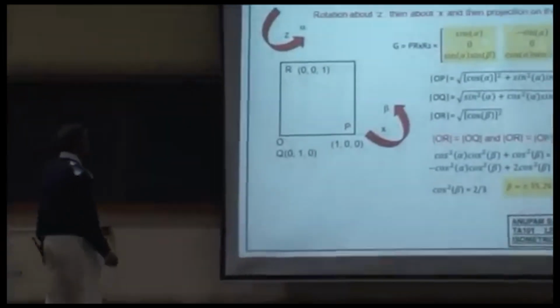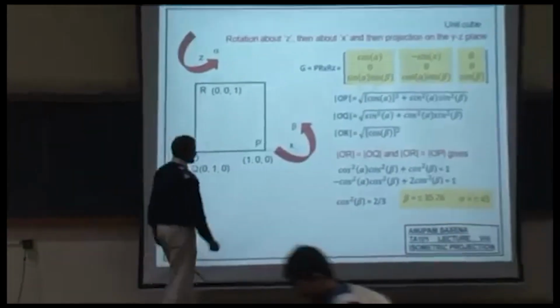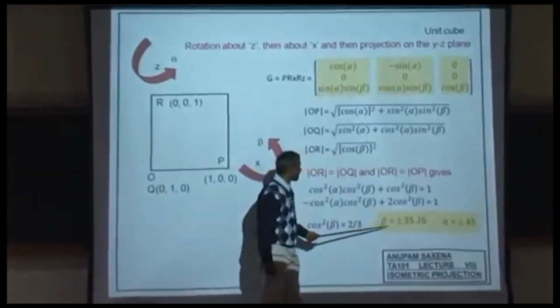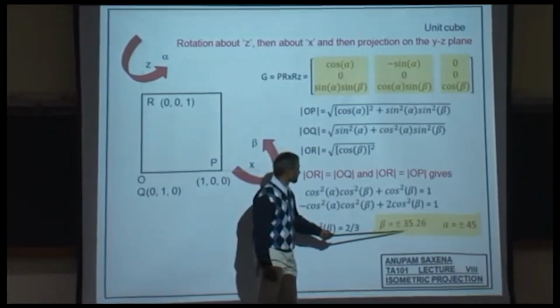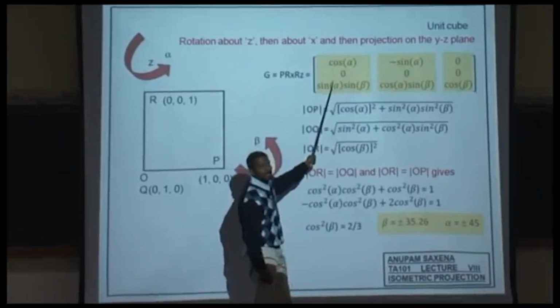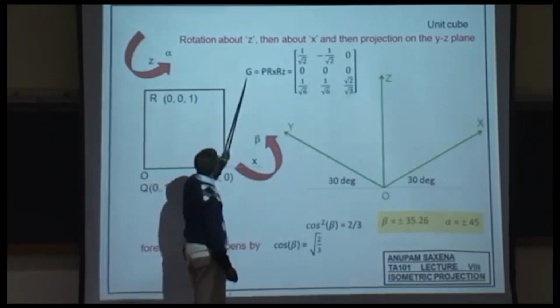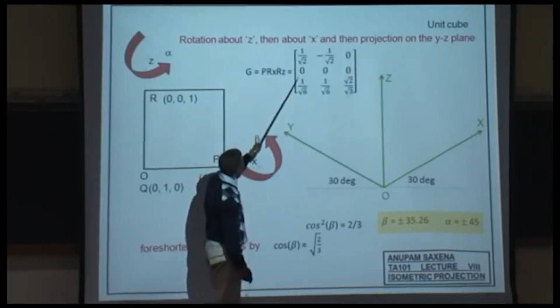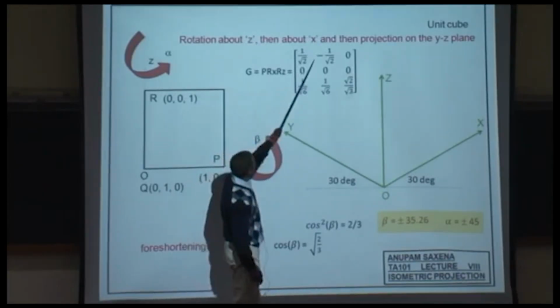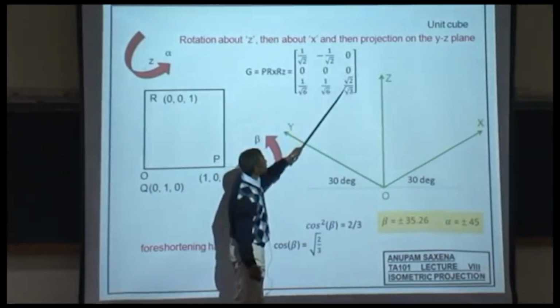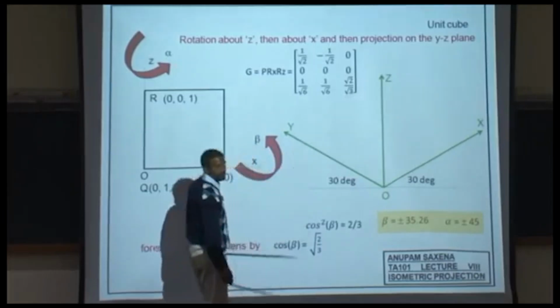Okay. So if we plug in, let's say the positive values, alpha equals 45 and beta equals 35.26 degrees in our transformation matrix, we get G equals 1 over root 2, 0, 1 over root 6, minus 1 over root 2, 0, 1 over root 6, and 0, 0, root 2 over root 3.